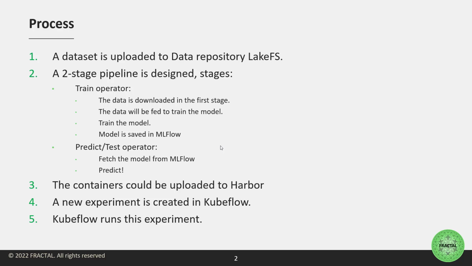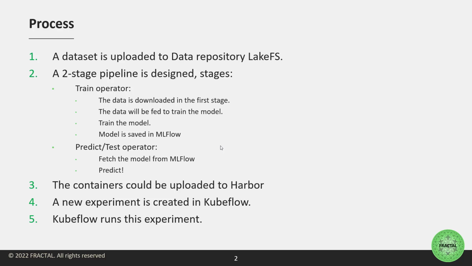The first one is the train operator, which basically is downloading the data and is using the data to train a machine learning model, which then is saved in MLflow. While the second operator is retrieving the model from MLflow and is using the model to make a prediction on new data.